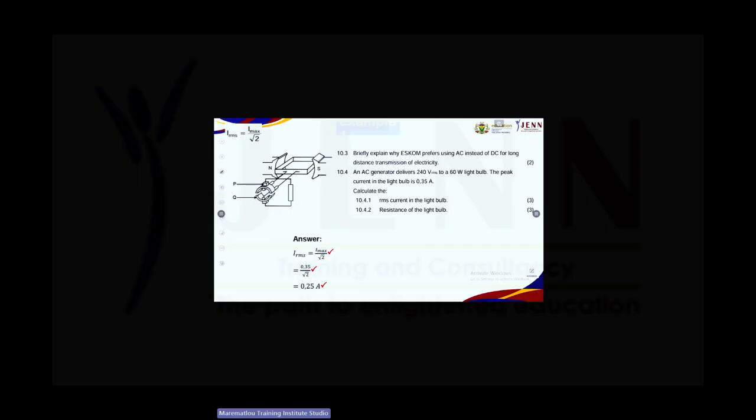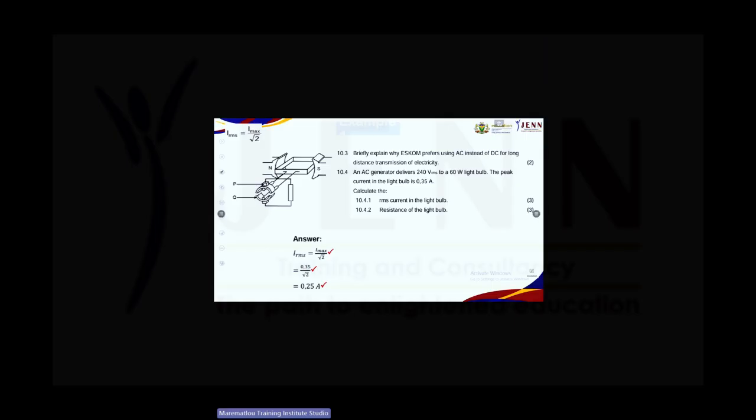So therefore, if you look at your RMS current, you substitute, so ensure that your formula is correct.